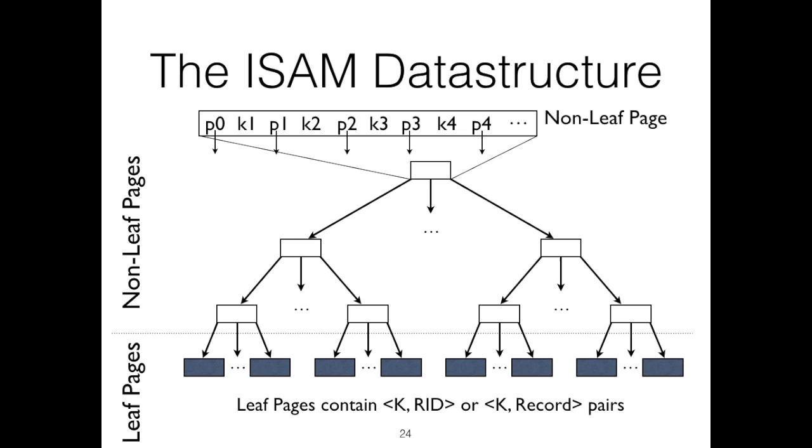So every non-leaf page is going to contain not data, but rather a list of keys and a list of pointers. Using P0, P1, P2 for the pointers, and K1, K2, K3 and so on for the keys.